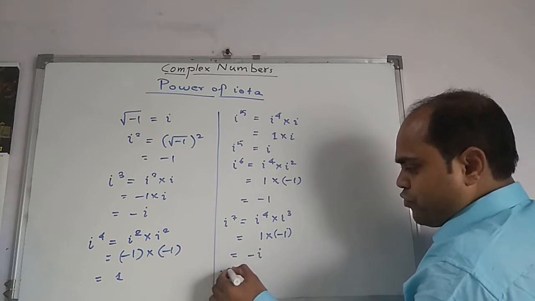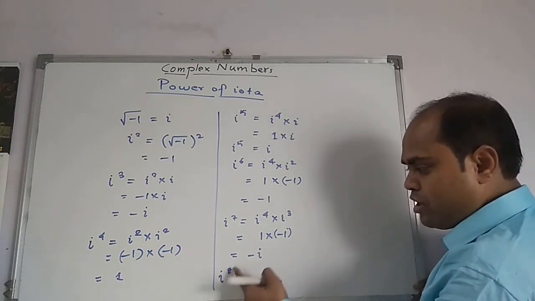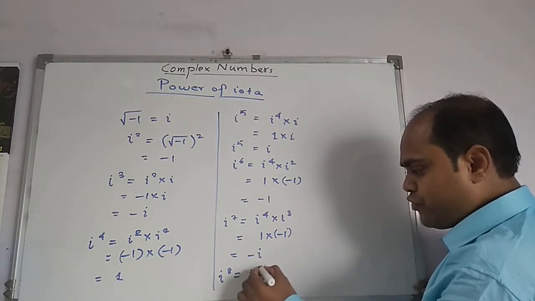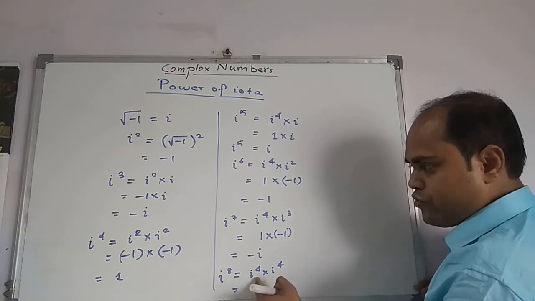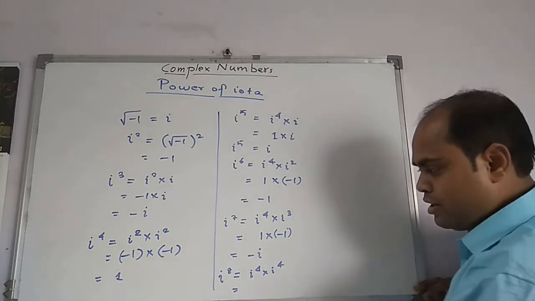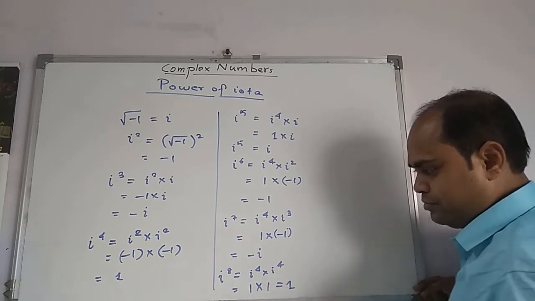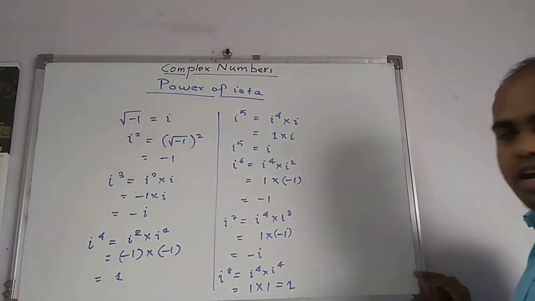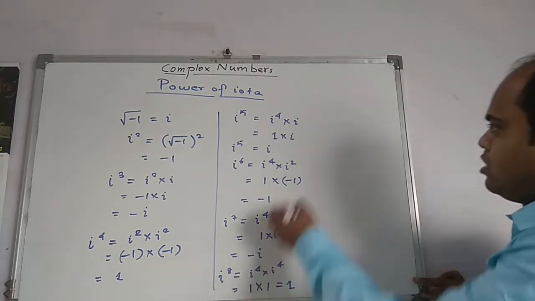What is iota raised to 8? We can write iota raised to 8 as iota raised to 4 multiplied by iota raised to 4, and iota raised to 4 is 1. So we have 1 multiplied by 1, which is equal to 1. Right? Any doubt?